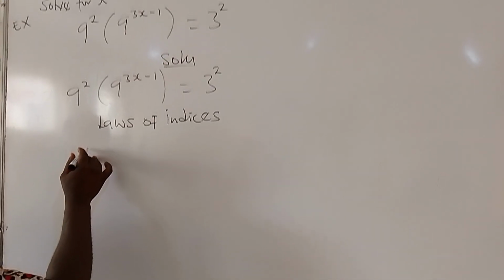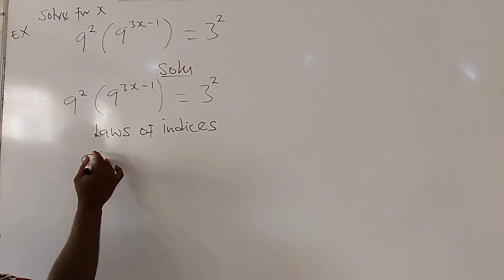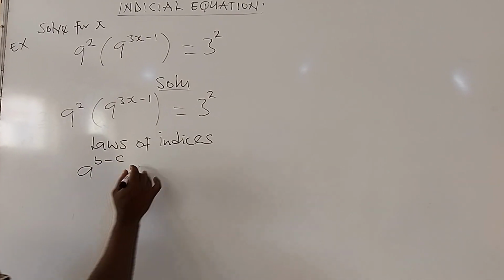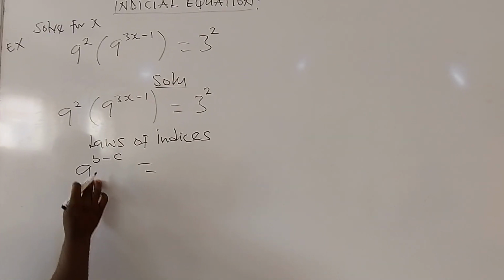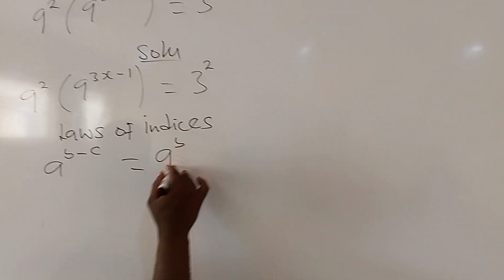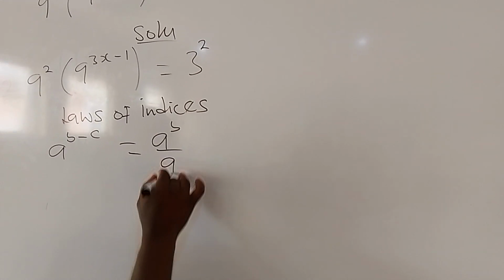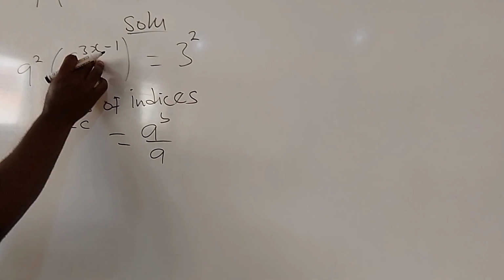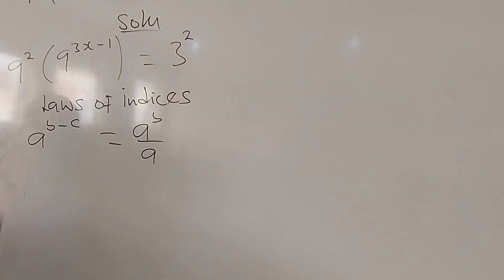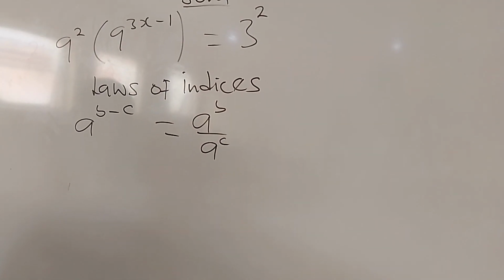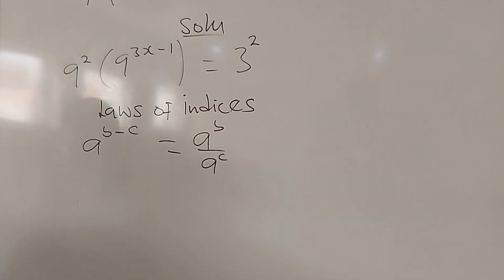If we have a raised to the power b minus c, we can transform this to a raised to the power b all over a raised to power c. It means this and this are the same thing. It's because of 9 raised to the power of 3x minus 1 that I'm introducing this.